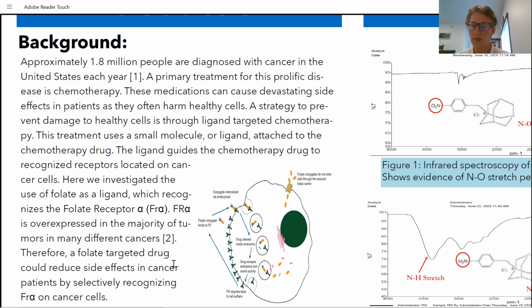In healthy cells, you don't see folate receptor alpha exposed to the bloodstream, which is very interesting because the delivery of chemotherapy drugs is often through the bloodstream, meaning that this could provide an injection of the chemotherapy drug guided by an attached folate to the cisplatin drug that delivers it specifically to the folate alpha receptor shown by cancer cells. So essentially, the basis of this project is to form a ligand-targeted chemotherapy drug by combining folate and cisplatin.